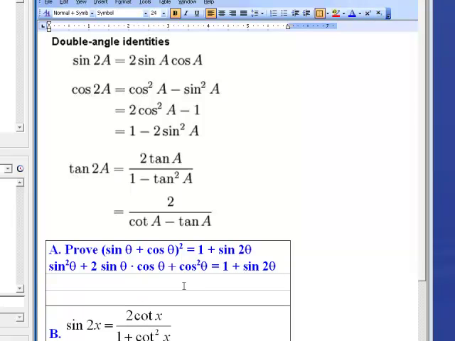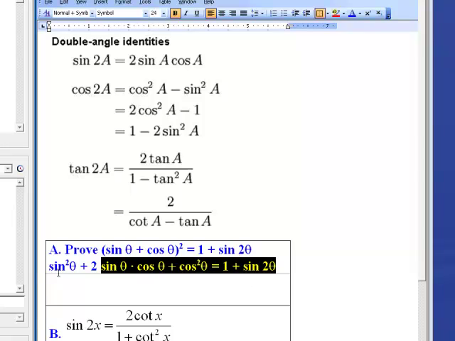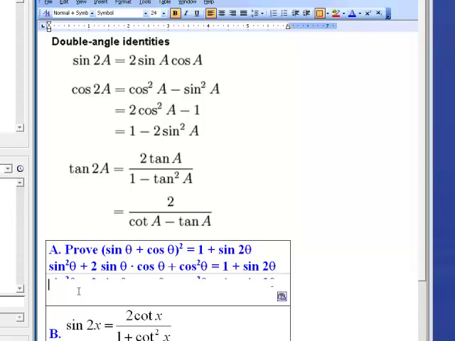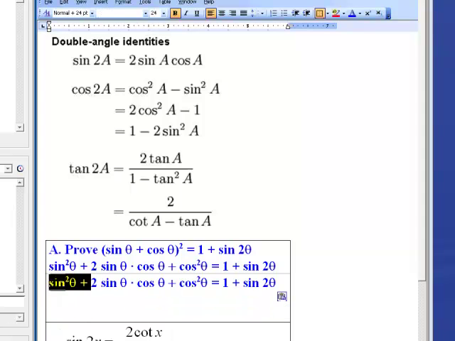Now on the left-hand side, I see that sine squared plus cosine squared equals 1, so I'll write that down. So it's going to be 1 plus, and then this one is inside that. At this point, we're done, because we can see that this is indeed a double angle formula right here: 2 sine cosine is the same as sine 2 of the angle.